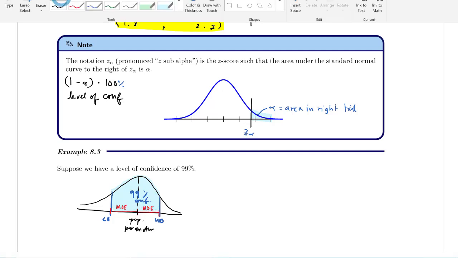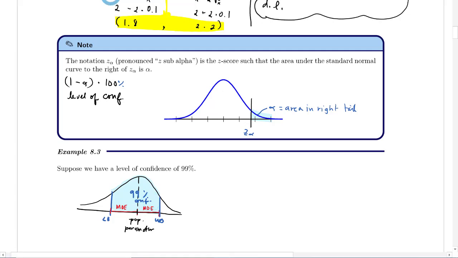So what does this mean? This means that there's some area in the tail, right? If it's 99%, we know that there's 1% left over. But that's total. And if I split this in two tails, right, I know that this is going to be 0.5% in each tail.